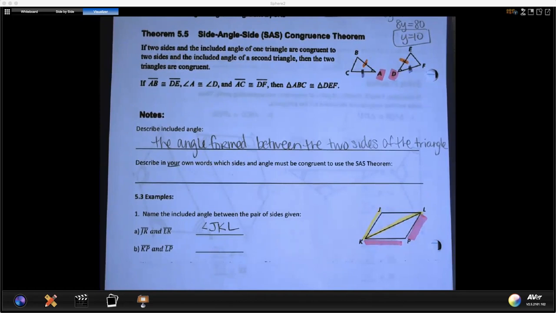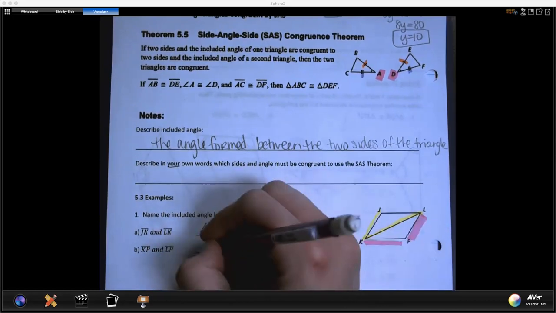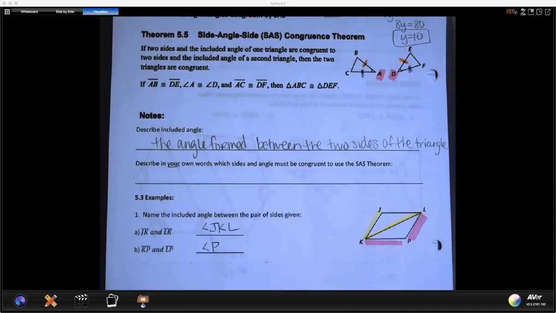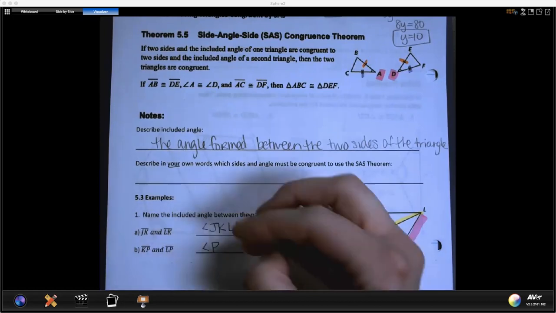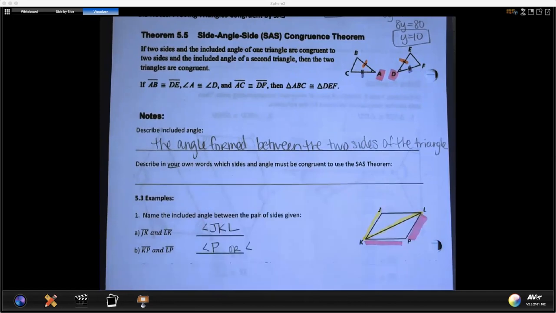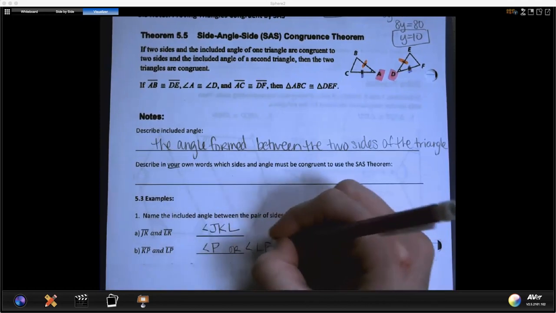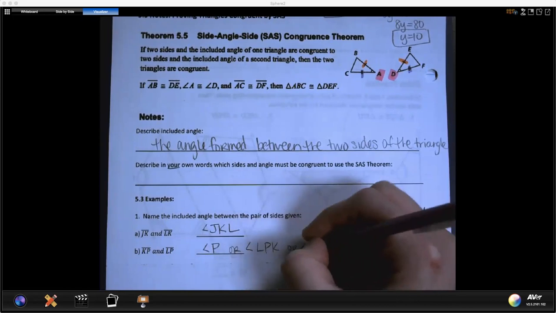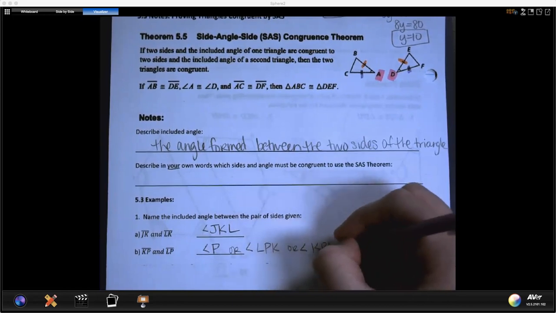What is my included angle? Yep, angle P. I could use one letter. Could I use multiple letters? Yeah, so what's a way I could use multiple letters? LPK. I also could have said angle KPL.